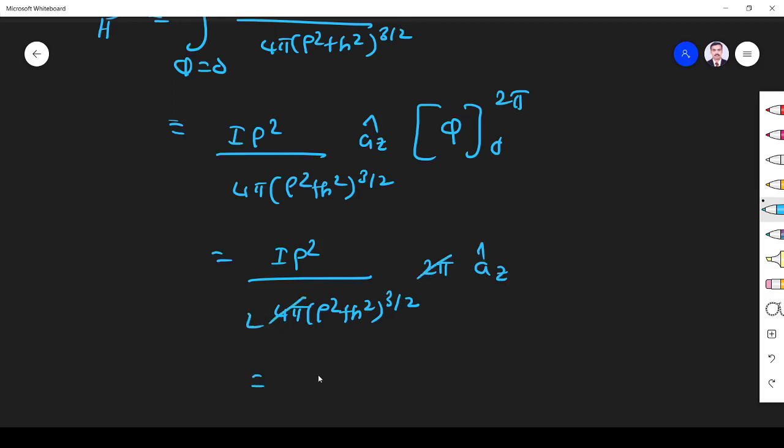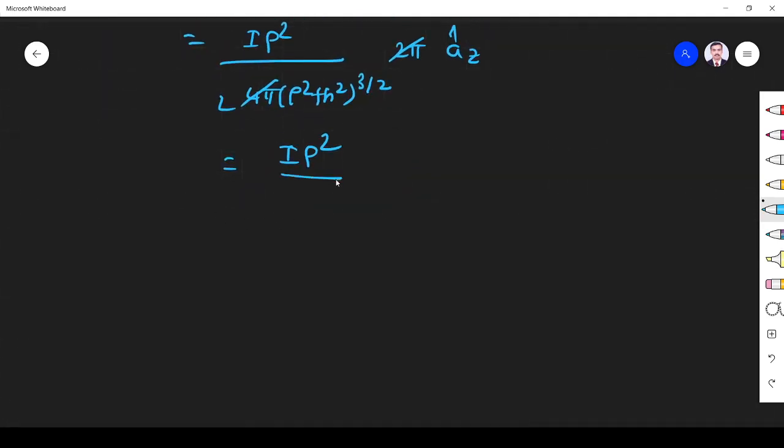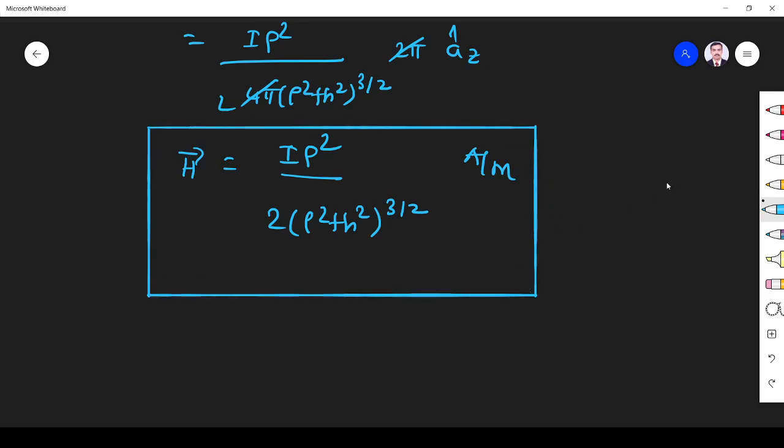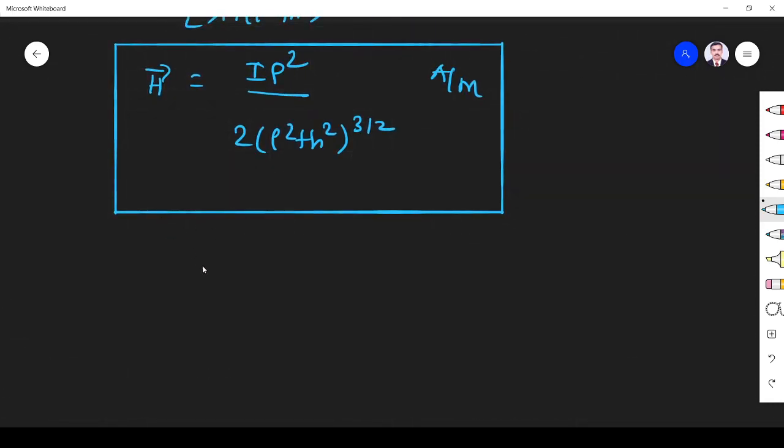This will be I rho squared divided by 2 into rho squared plus h squared power 3 by 2. This is my magnetic field in ampere per meter. So it is the equation for the magnetic field at any point on the axis of the disk, right? Suppose the point P, the point where we have to find the magnetic field, is at the origin.